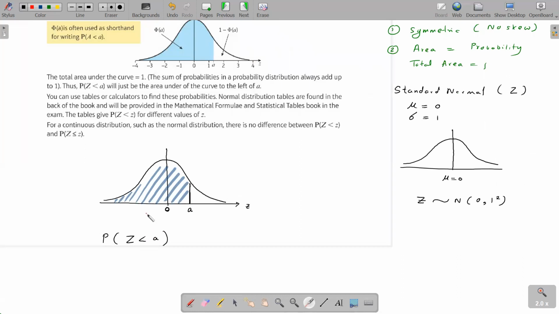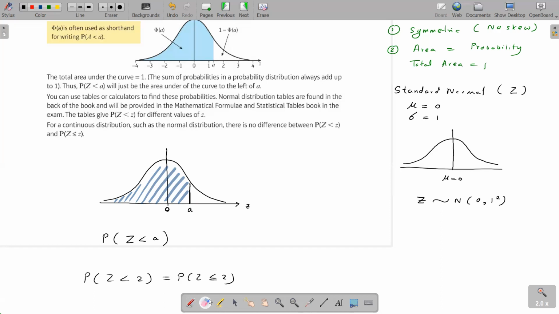Even if you say z is less than 2, values like 1.9 and 1.9999 are all still included, because it doesn't only include the integer values, it includes everything. So the probability that z is less than 2 and the probability that z is less than or equal to 2 are exactly the same.